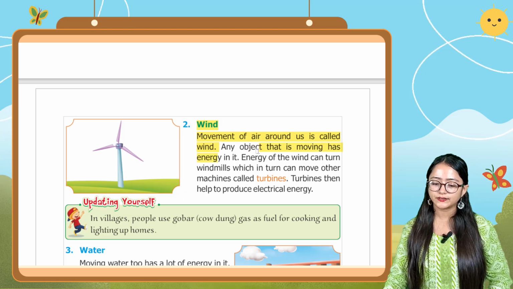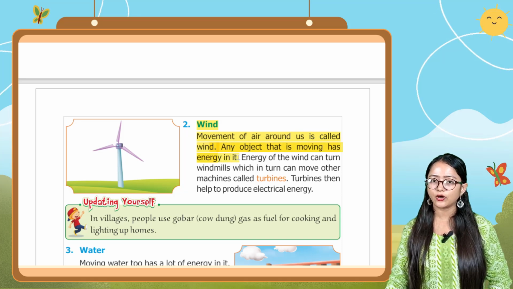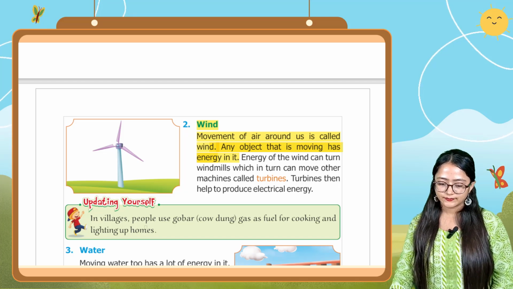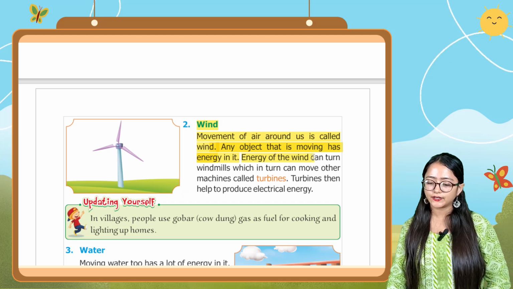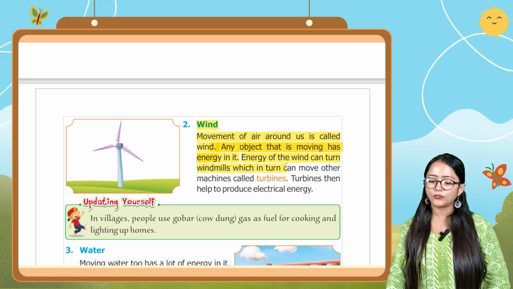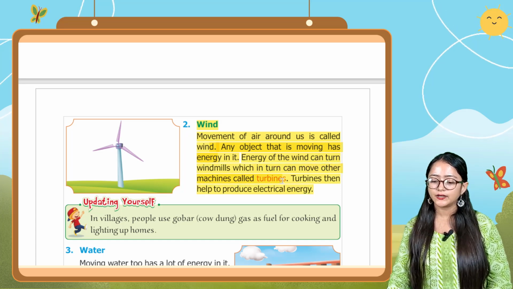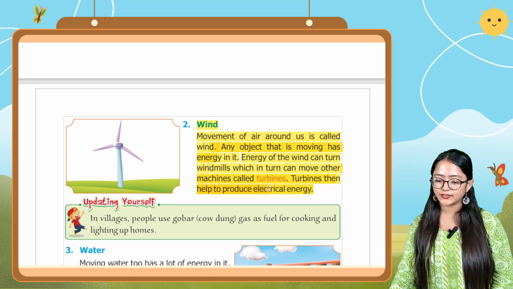Any object that is moving has energy in it. The energy of the wind can turn windmills, which in turn can move other machines called turbines. Turbines then help to produce electrical energy.